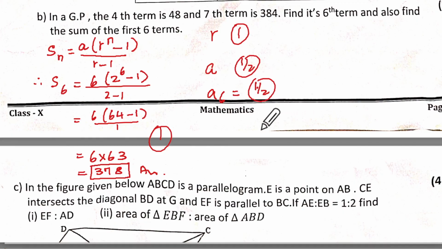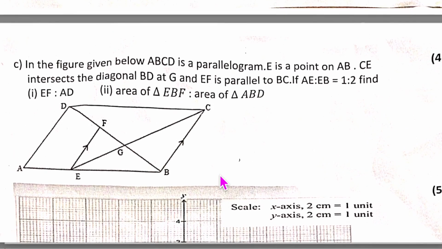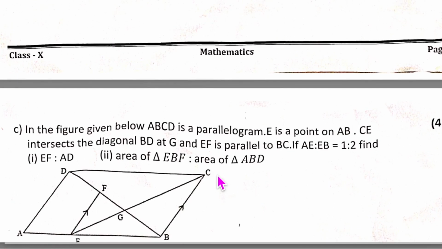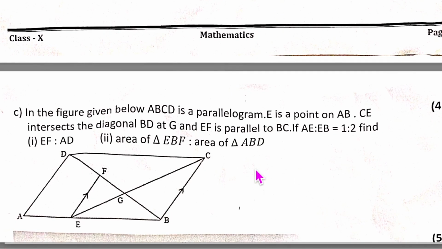So 3 marks. Did you understand how? Yes, ma'am. Give yourself marks. Be quick. Then the 6th term is only half marks. There are only 3 marks. How do you want to distribute? There are only 3 marks: one for finding R and A, one for finding the 6th term, and one for finding the sum of 6.